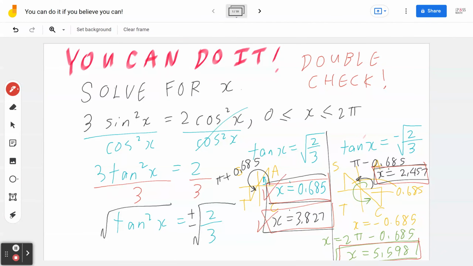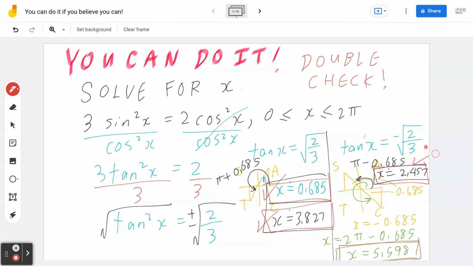I move on to 2.457. I plug it in. Again, when I work it out in the display, I see 1.199628032, which is 1.2. Same thing, 2 times cosine of 2.457, square the answer, 1.2.